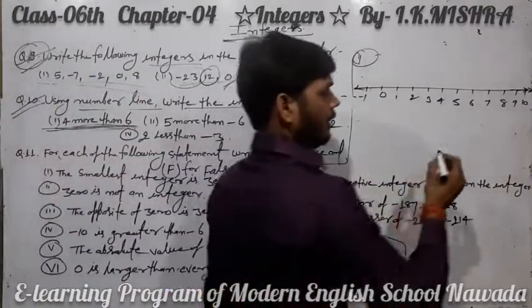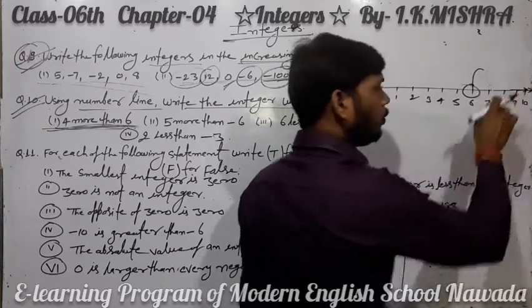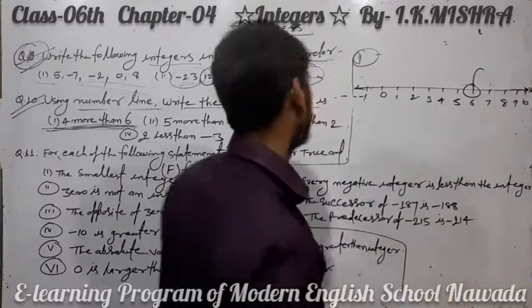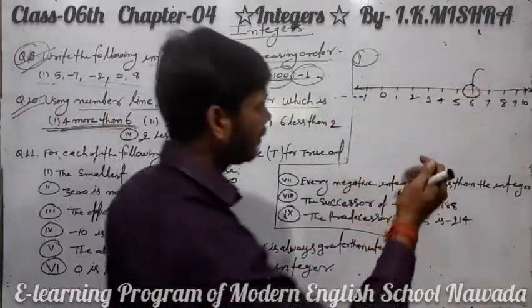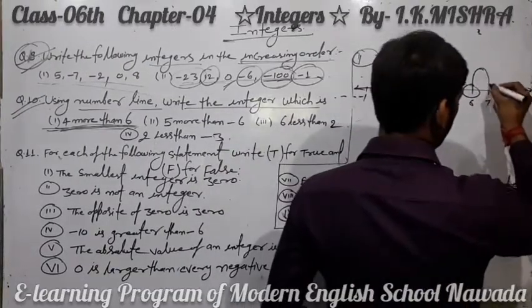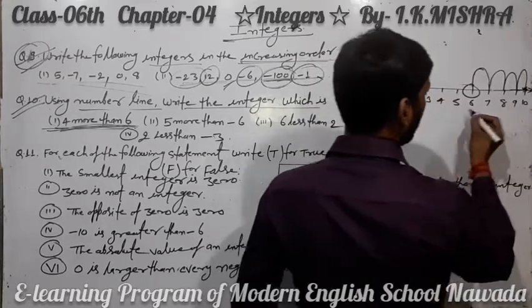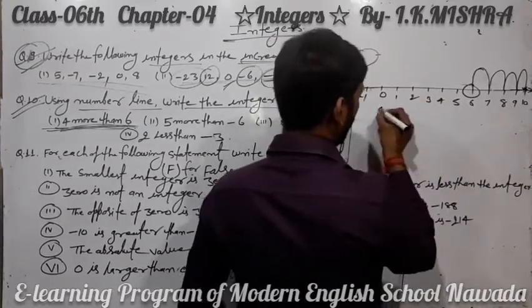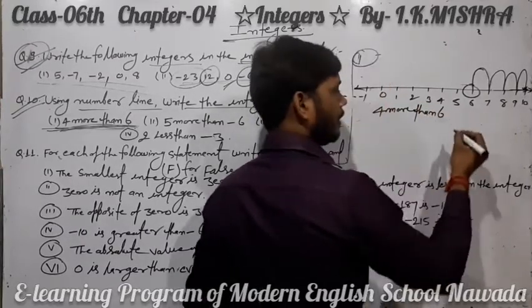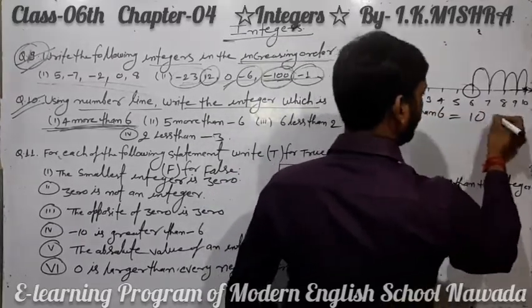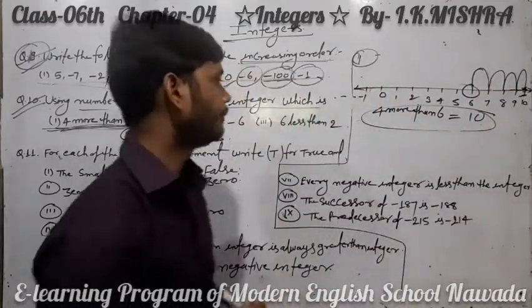First of all, notice 6 and go 4 steps to the right side. When going more, go left to right. 1 step, 2 step, 3 step, 4 step. So 4 more than 6 is equal to 10. In 4 steps it reached 10.